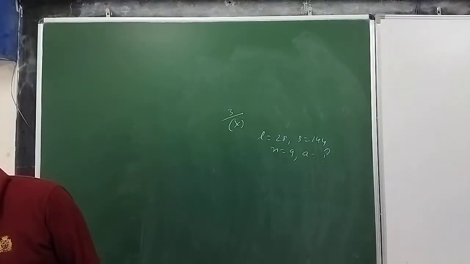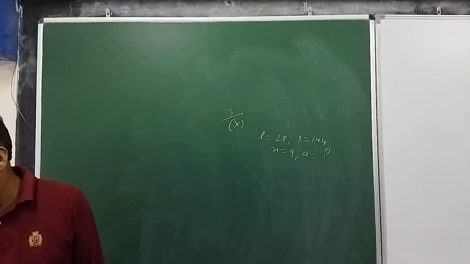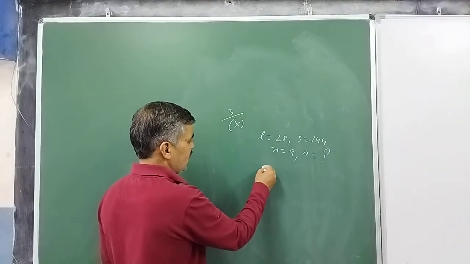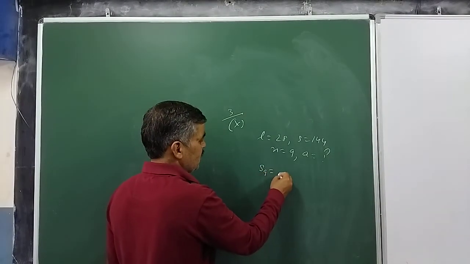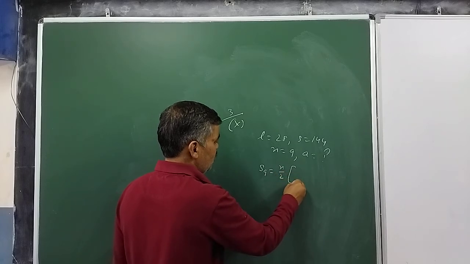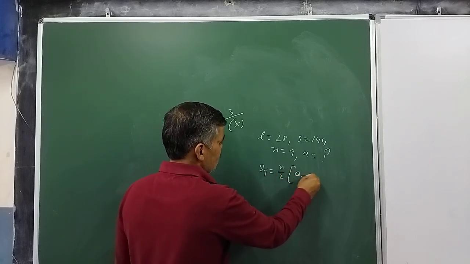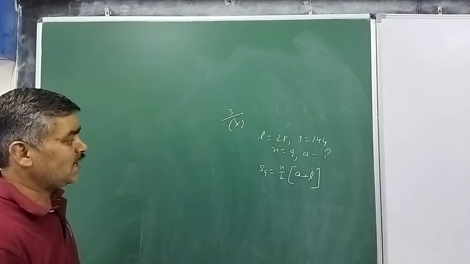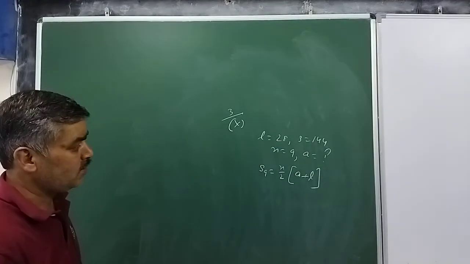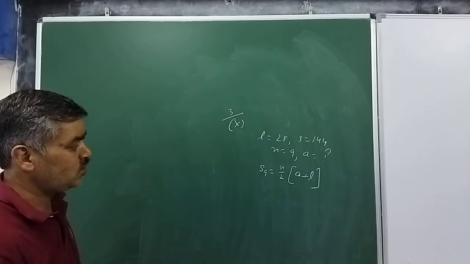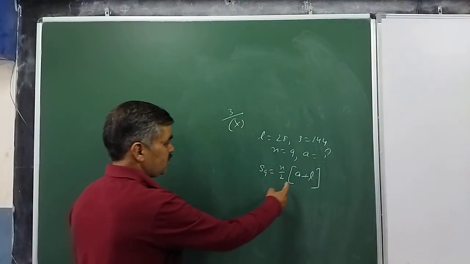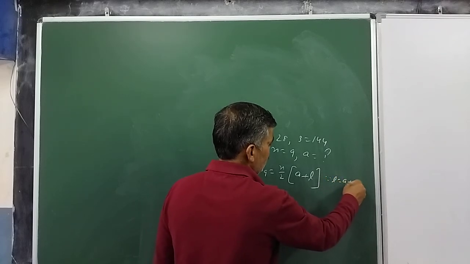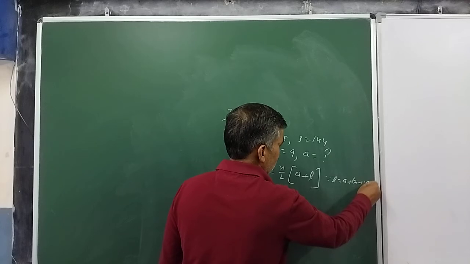So here, when you are given with last term is equal to 28, so Sn, n is equal to 9. S9 is equal to n by 2 into, I said you can use in terms of a plus l when l is given. 2a plus n minus 1 into d can be split in terms of a plus n minus 1 into d. That I made you understand, because l is equal to a plus n minus 1 into d.